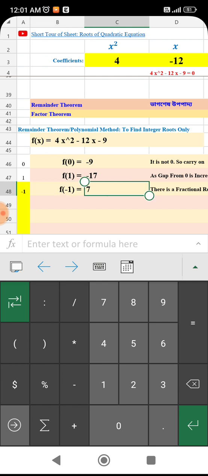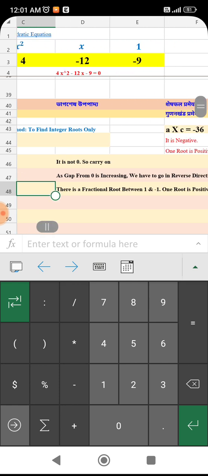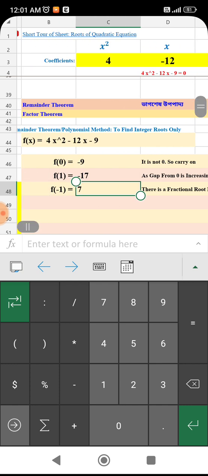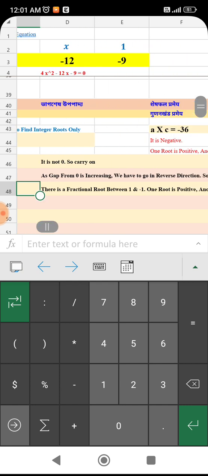Now we can conclude: f of 0 is -9, f of -1 is 7. That means there exists a root between 0 and 1. It is a mistake here, between 0 and -1.